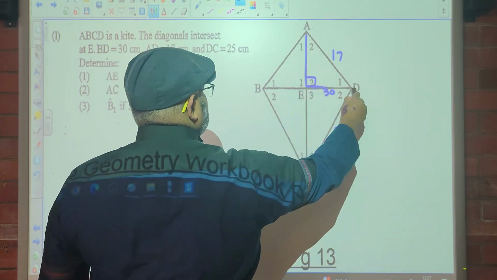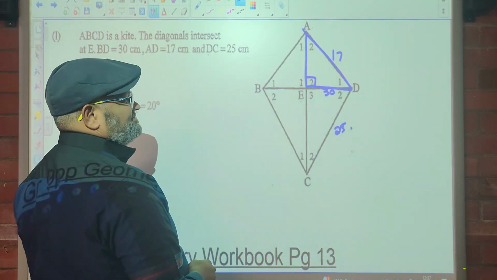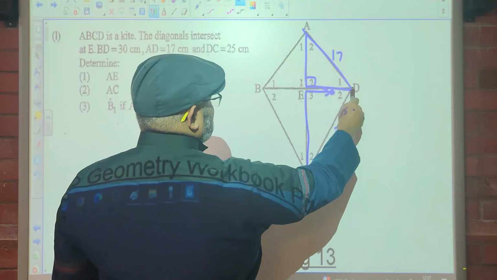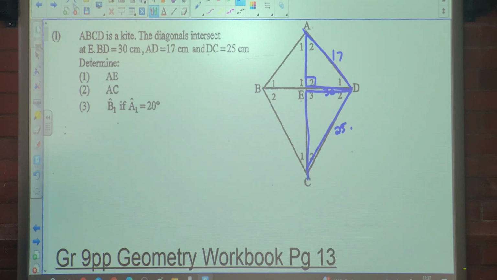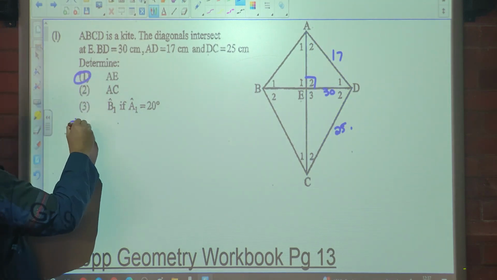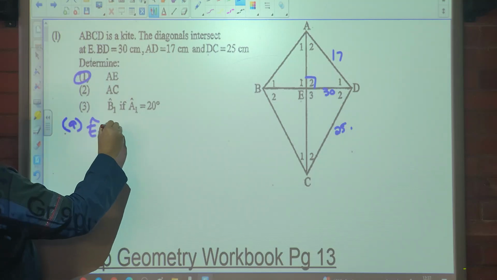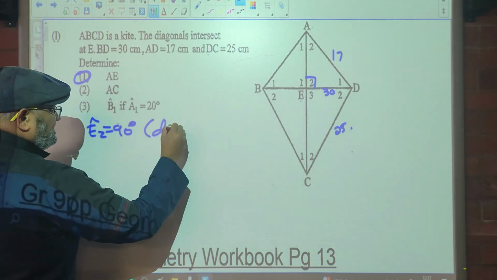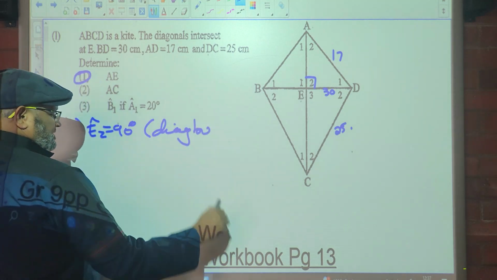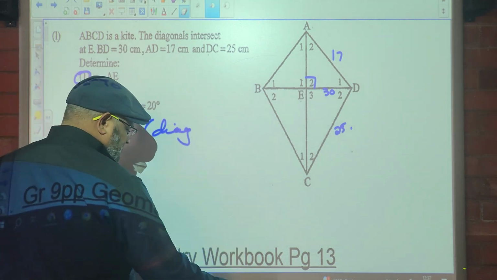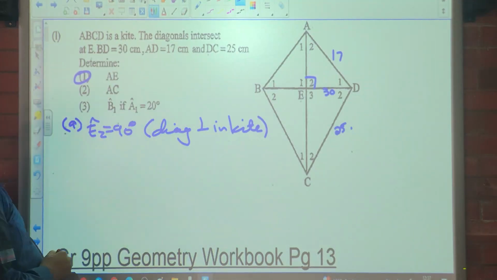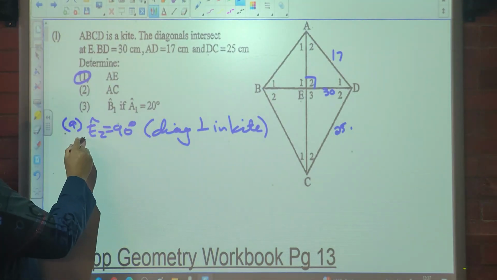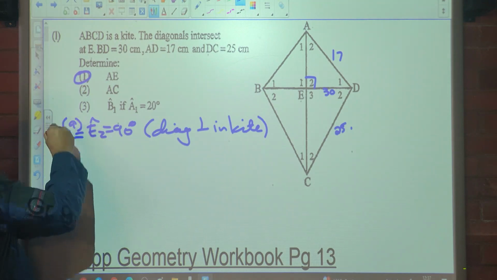So I can do Pythagoras, and then Pythagoras there, and then I can add it together. So let's go. We start off by saying that E2 is 90. Why? Diagonals are perpendicular in a kite. Which is also the same as E3, no?